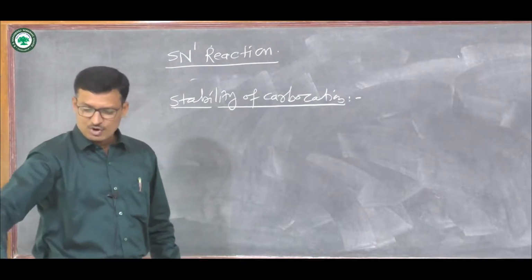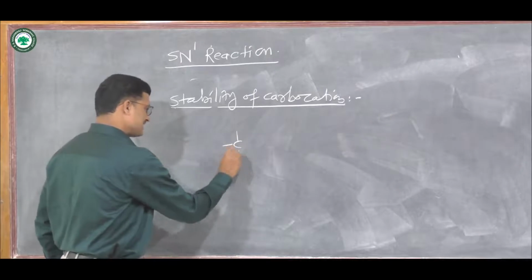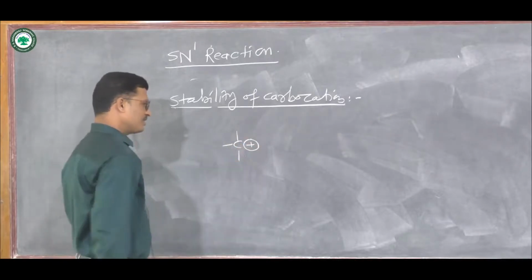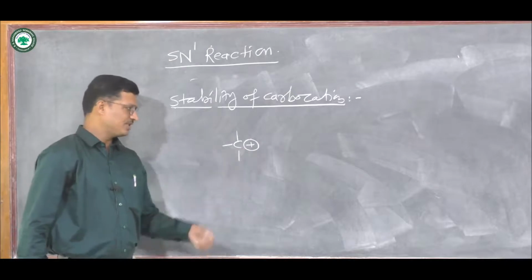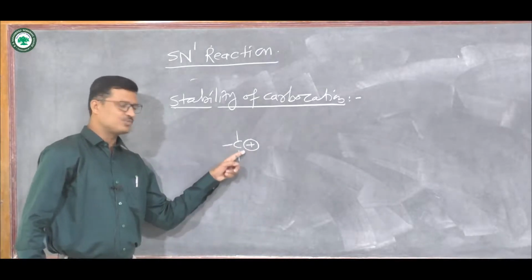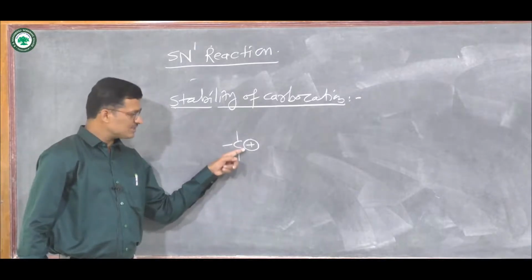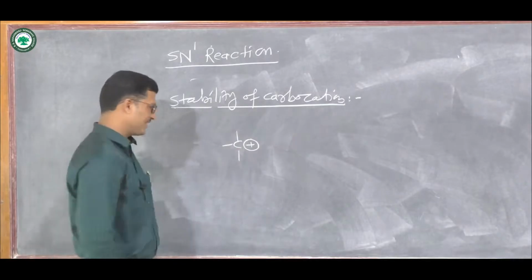According to the law of electrostatics, the stability of carbocation increases when the positive charge is dispersed onto other groups. Means when the positive charge is dispersed, then the carbocation is more stable. When the positive charge of the carbocation is intensified, then the stability of the carbocation decreases.